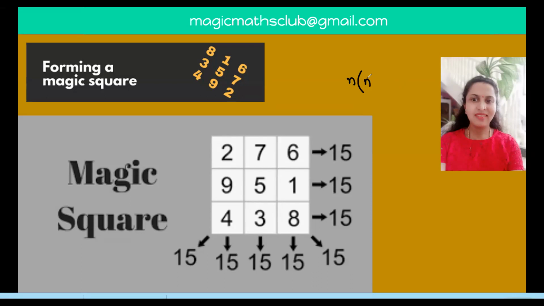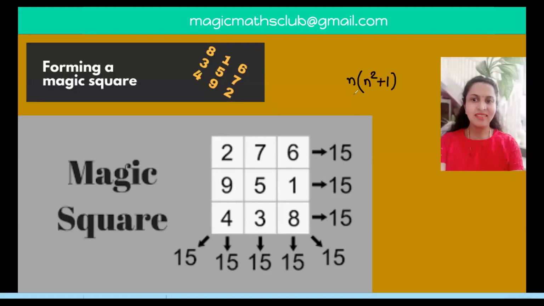If you learn the formula, then you will just be able to write the constant, and then it is very easy for you to deduce the numbers in the magical square. Because if you know the sum, then you are going to crack the question very easily. And this is a very easy formula.